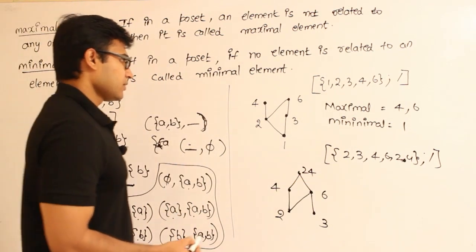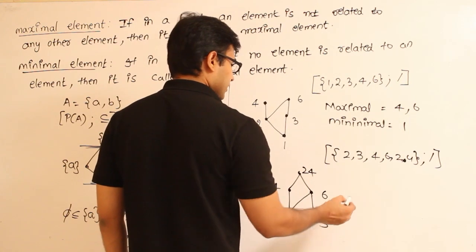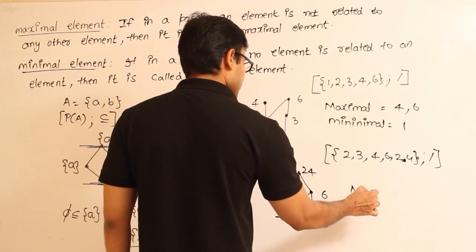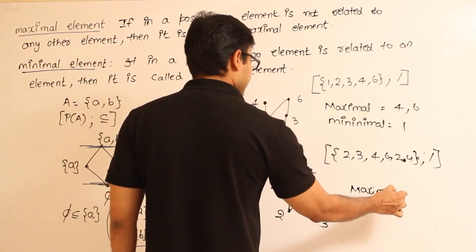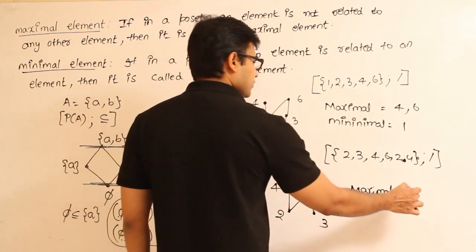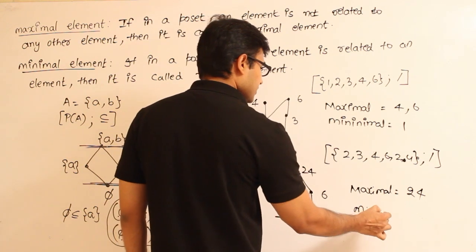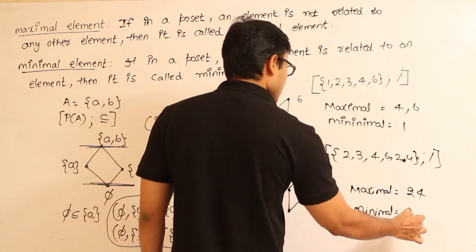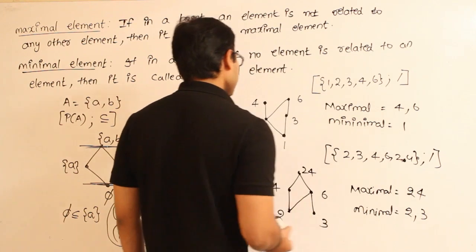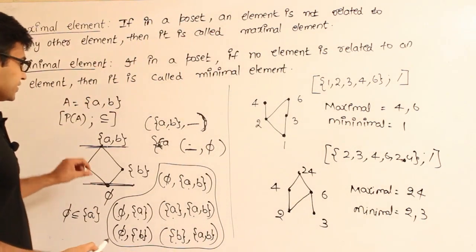So in this particular poset, the maximal element is going to be only 1, which is 24, but if you see the minimal elements, it is going to be 2 and 3, 2 elements, right? That is the difference. Now this is a lattice.